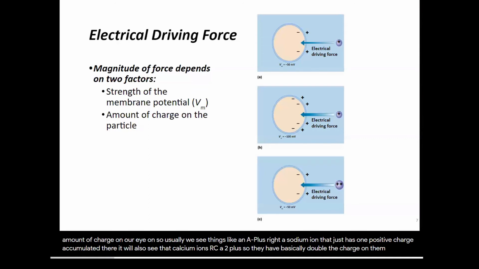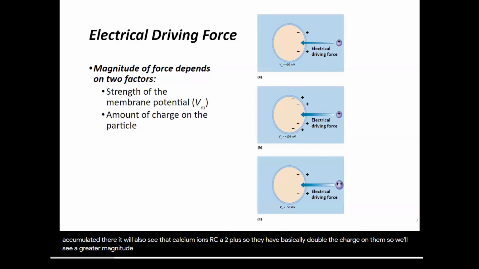So we'll see a greater magnitude for the electrical driving force on ions with a greater charge. In these three subparts of the figure, the width of the arrow expresses how big the electrical driving force is on that particle.